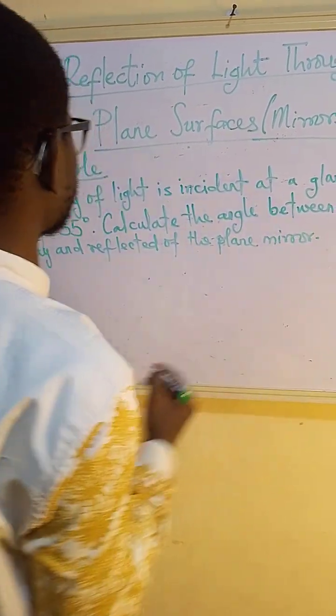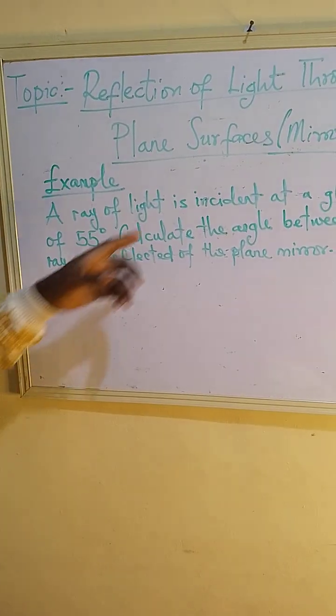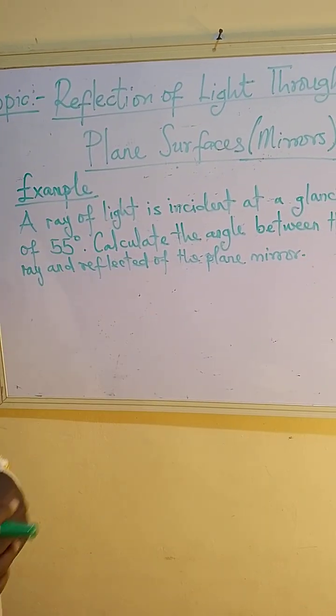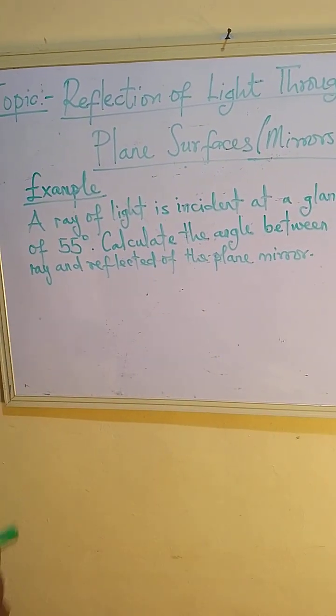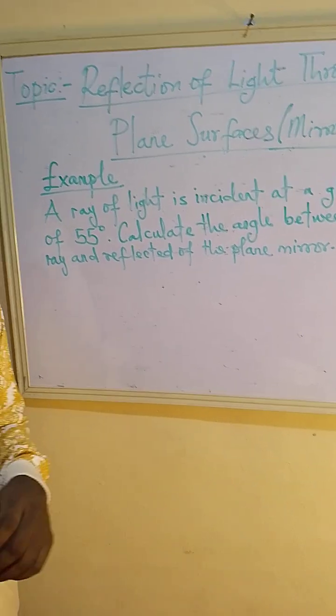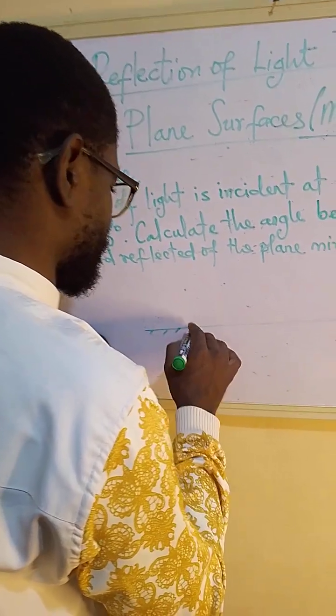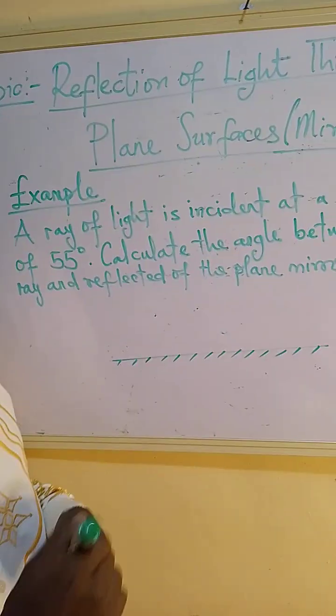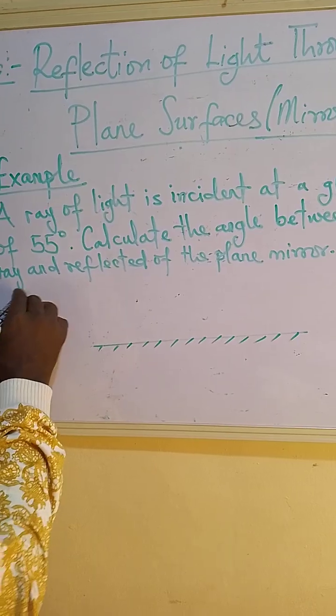So let's quickly look at this question. A ray of light is incident at a glancing angle of 55 degrees. Calculate the angle between the incident ray and the reflected ray. Now remember those properties of the plane mirror. Right, so let's take the solution.